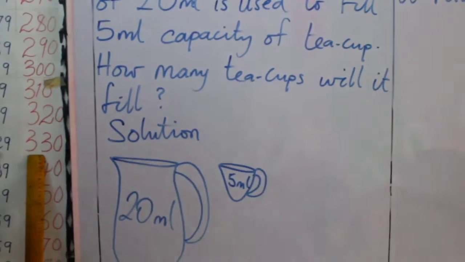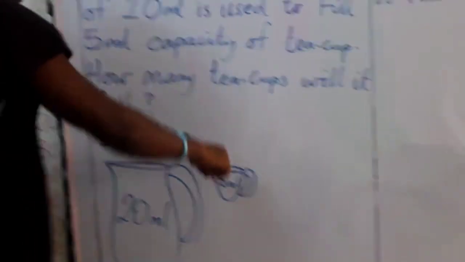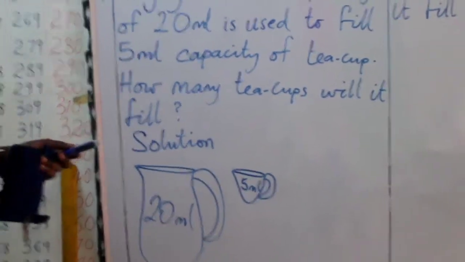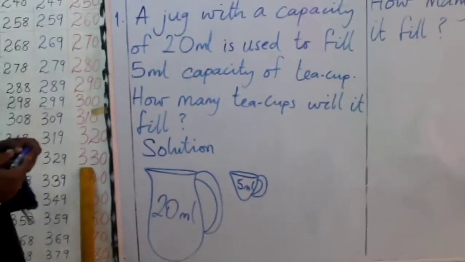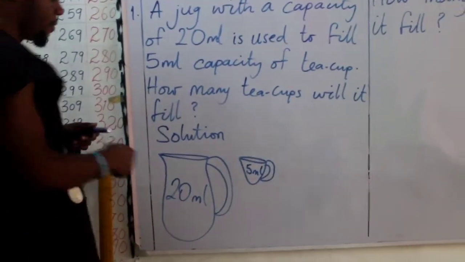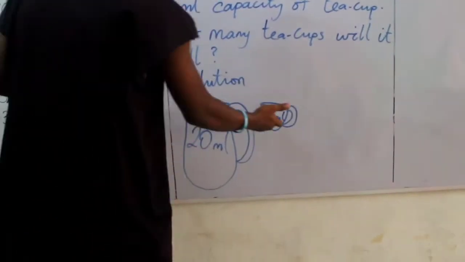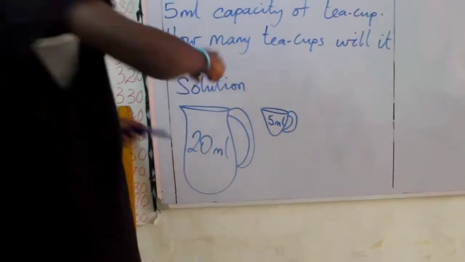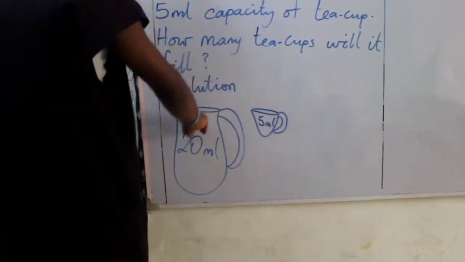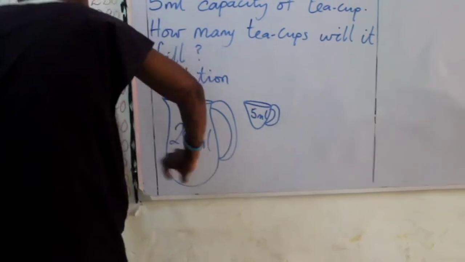So you have to take your jug and pour into this. We don't know how many times it can fill it. Remember we have 20 and we have 5. Now we are taking out. Remember we are not filling in. We are taking out from this to this.